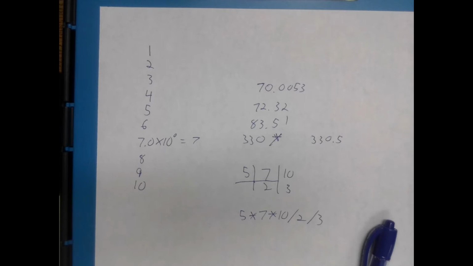And what do you get? So why'd you round it to 70?